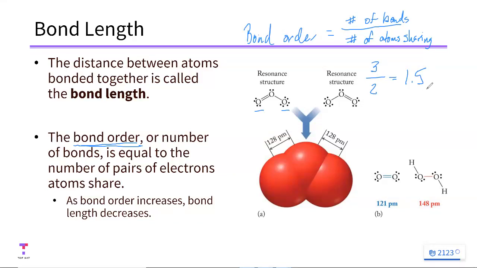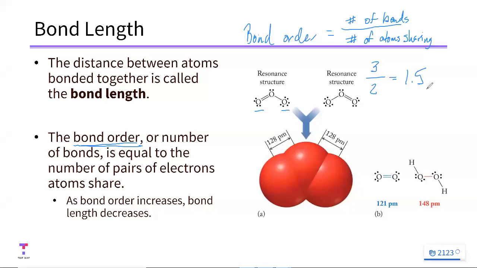And so with that bond order of 1.5, we would expect that the bond length would be between 121 and 148. And at 128, it is in between them. Now, is it exactly in between them? No, that's not a fair expectation, because it's a little bit more complex than just simply taking the average. But it is in between.